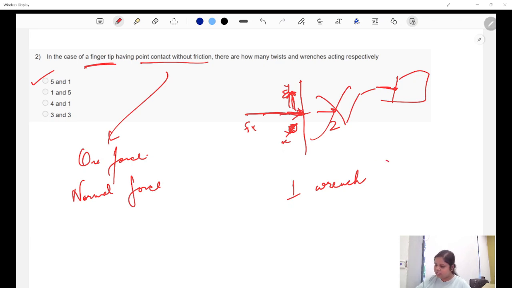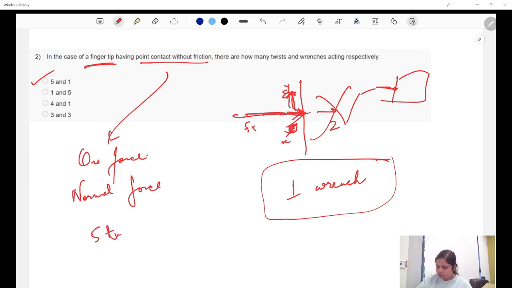Just this one wrench is possible, which is along this direction, Fz. So since there are 6 possible degrees of freedom for a rigid body and one force constraint, that leaves 5 allowable motion directions, which is 5 twists and 1 wrench.